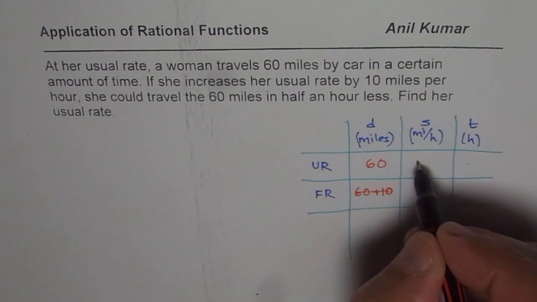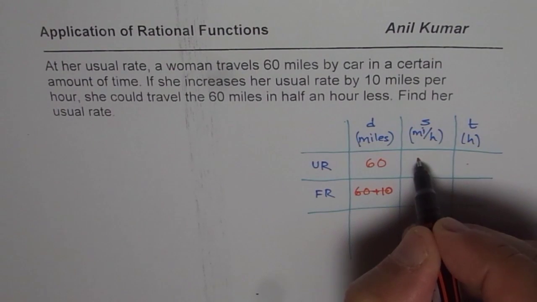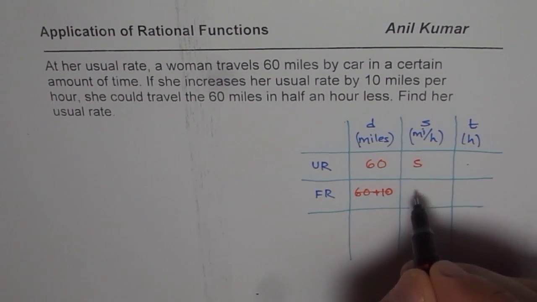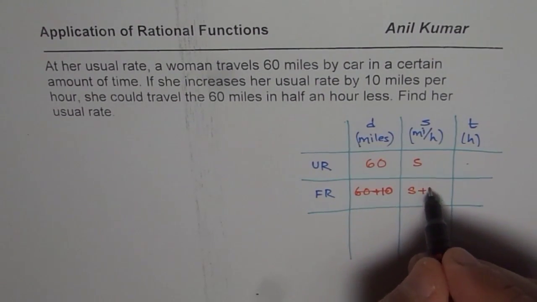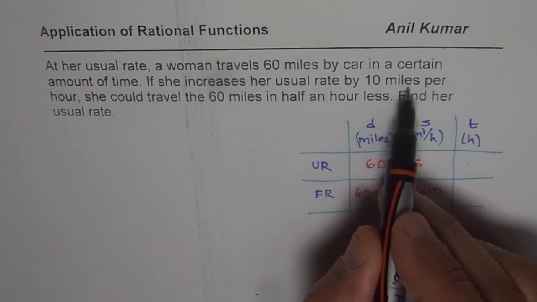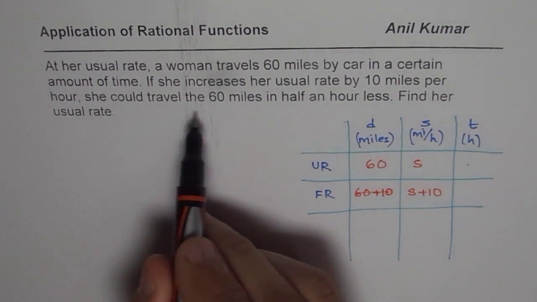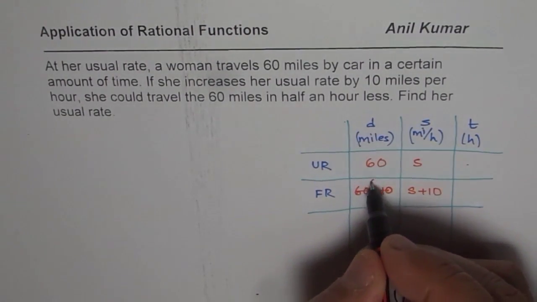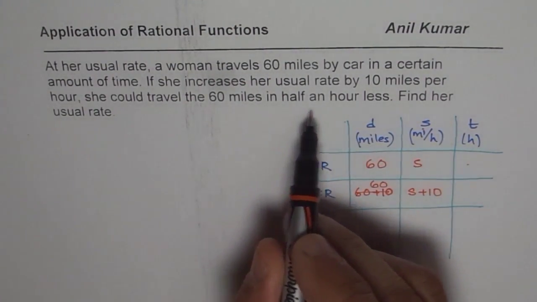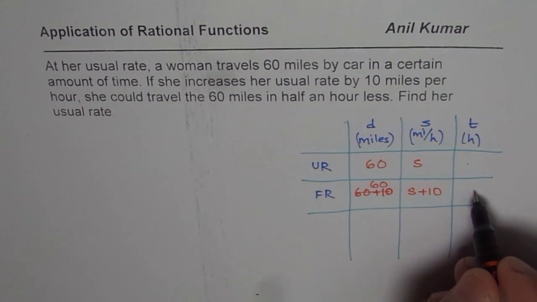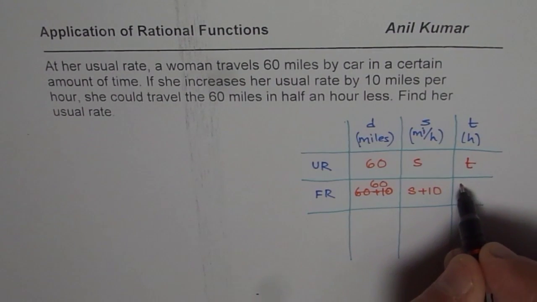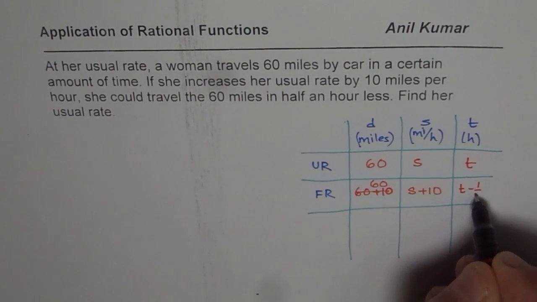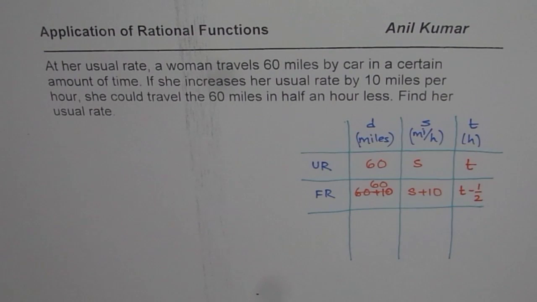So let us say this speed is s. And if she increases the usual rate by 10 miles per hour, then it means s plus 10. She could travel 60 miles, so distance is the same, 60 miles, in half an hour less. So if this time is t, then this time is t minus half. That is the kind of relation which you could make.